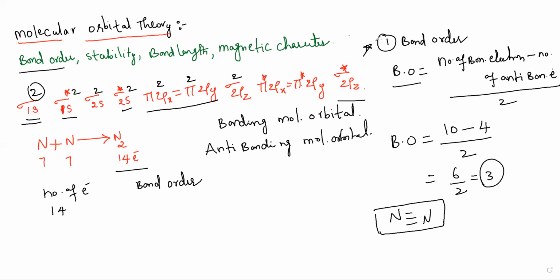Wherever you get 14 electrons, the bond order will always be 3. And if the electron number is less than 14 by 1 or more than 14 by 1, the bond order will be 2.5, which means 13 electrons or 15 electrons.